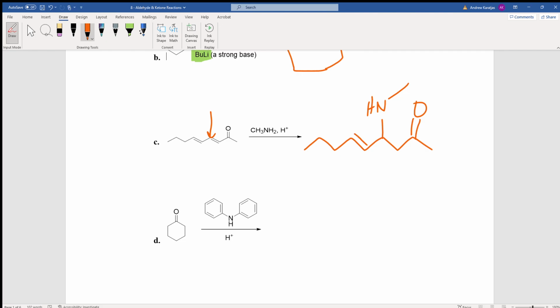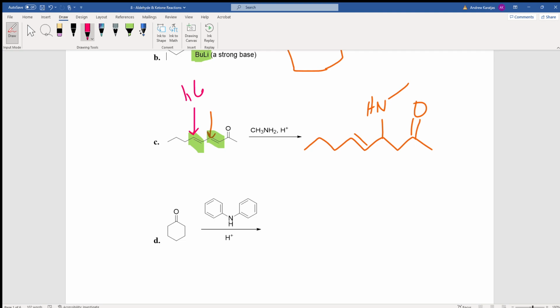But there's something unusual in this compound. Not only is there one double bond conjugated into the carbonyl, there's two. So could the nucleophile, the amine, add in at this position, which we would refer to as 1,6? And the answer is yes.